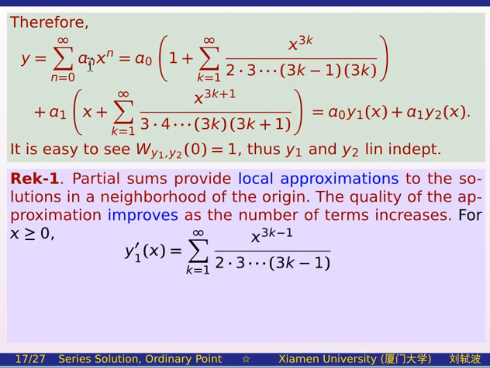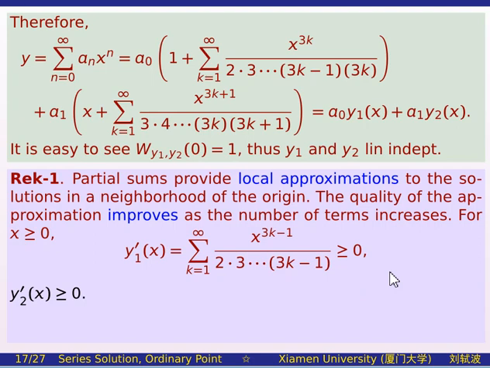But for example, differentiating y1 term by term, as a power series we can differentiate term by term, we see that y1 prime is equal to this new power series. Because the coefficients are positive, we see that if x is non-negative, y1 prime of x, the derivative of y1, is also non-negative, even strictly positive. This means that y1 is strictly increasing.